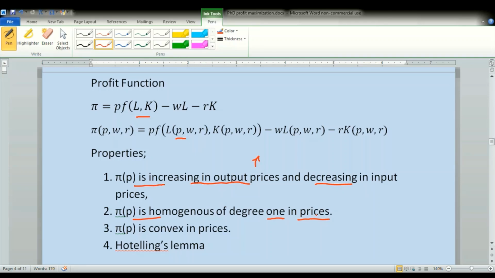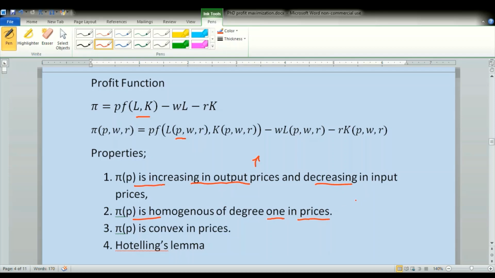It is like saying that if all the prices, that is prices of all inputs and prices of all outputs, change in the same proportion, maximum earnable profit will be changing in that same proportion. So if output prices and input prices increase by 10%, this property is saying that the maximum earnable profit will be increasing by 10% as well.